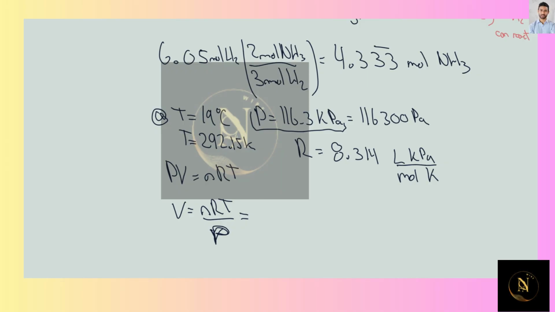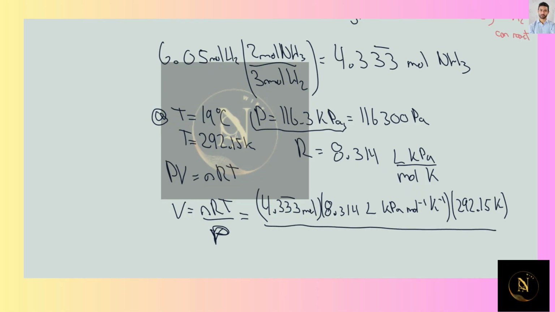Replacing the values, we are going to get 4.333 periodic mole times our gas constant, that is 8.314 liter kilopascal, I'm going to write down mole to the minus 1, Kelvin to the minus 1, times my temperature, that is 292.15 Kelvin, divided by pressure, which is 116.3 kilopascals.